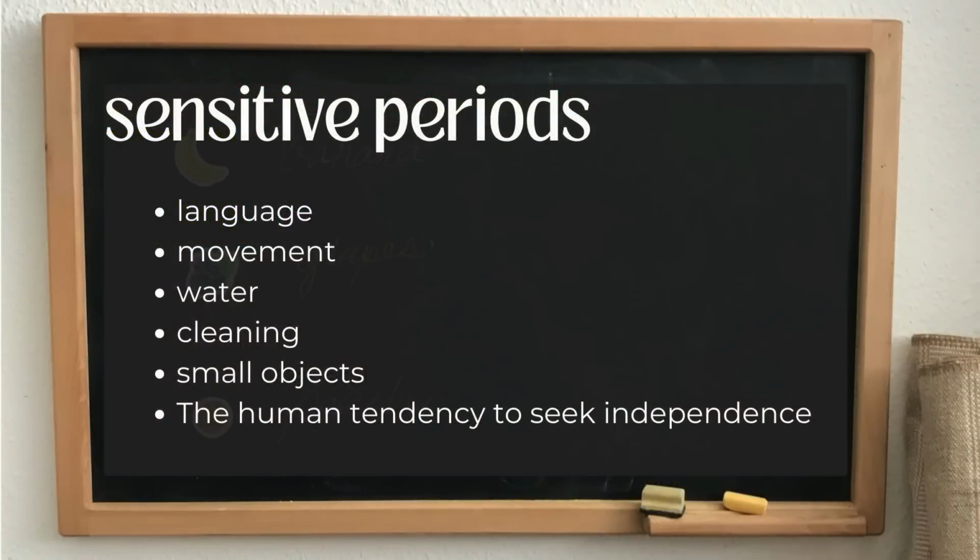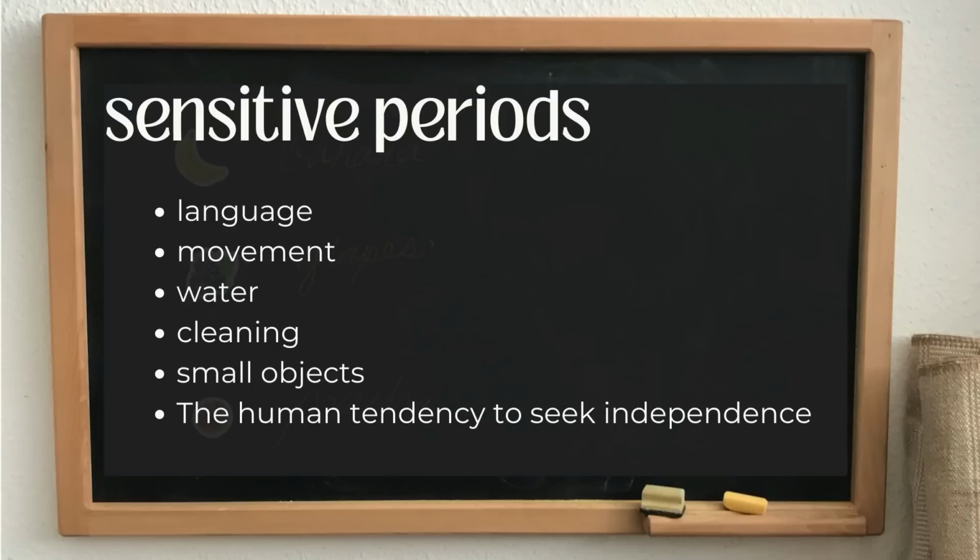In addition to language, the biggest sensitive periods for toddlers, the ones that Maria Montessori writes about, and some more that I have observed over my years of working in the 0 to 3 classroom are movement, which is specifically walking and learning to walk passively or without thinking about it actively, and using maximum effort.